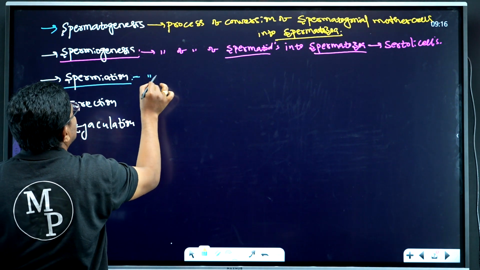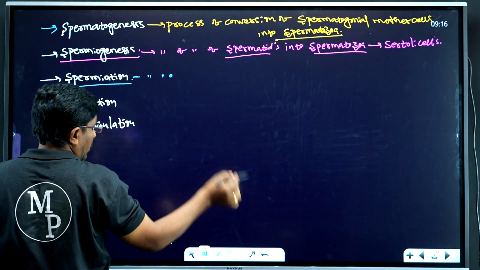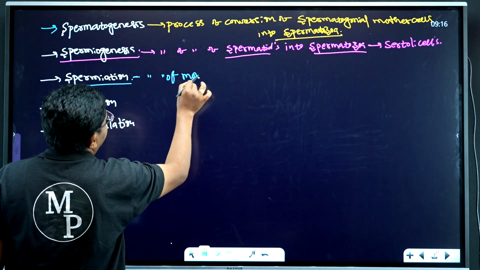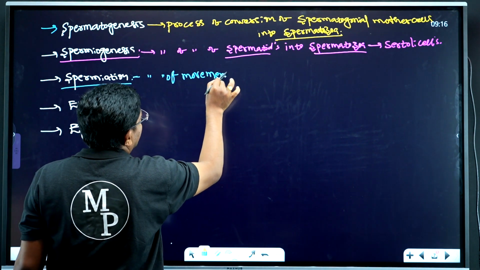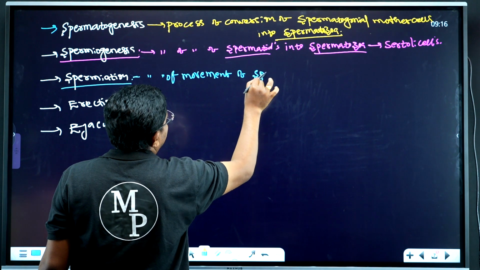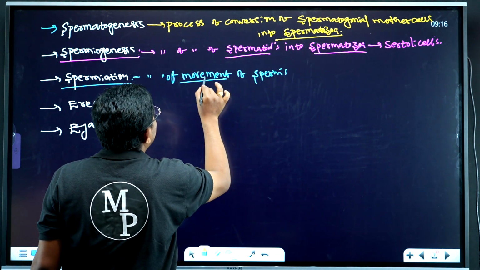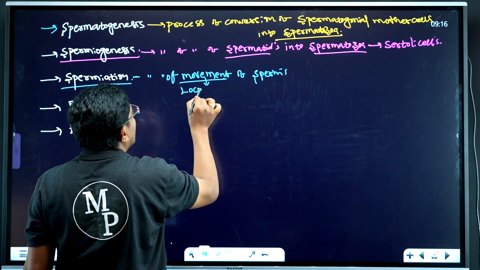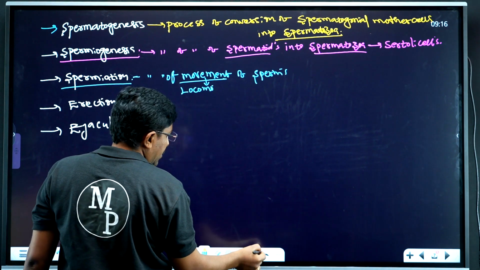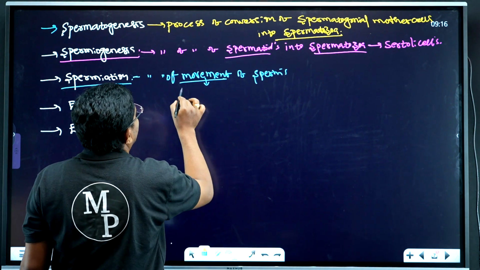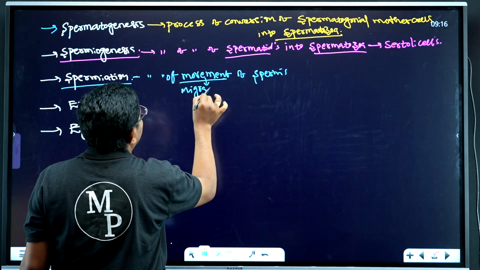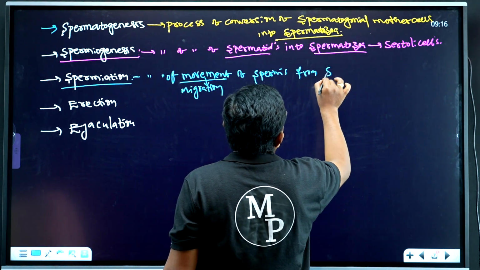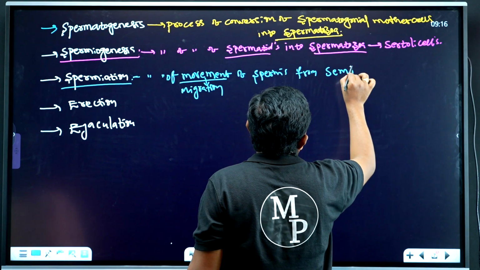Spermiation means the process of movement of sperms, that is, they start locomotion, or we also use another word: they start the migration of sperms from the seminiferous tubules into the next accessory ducts.